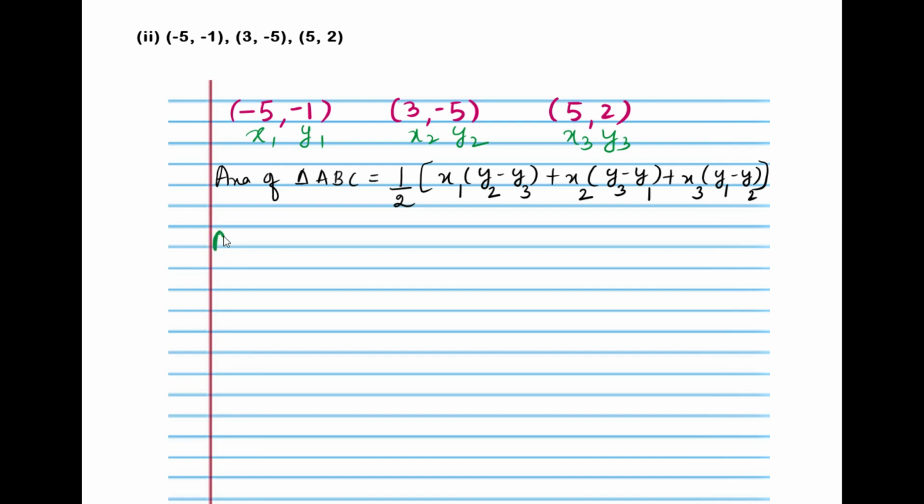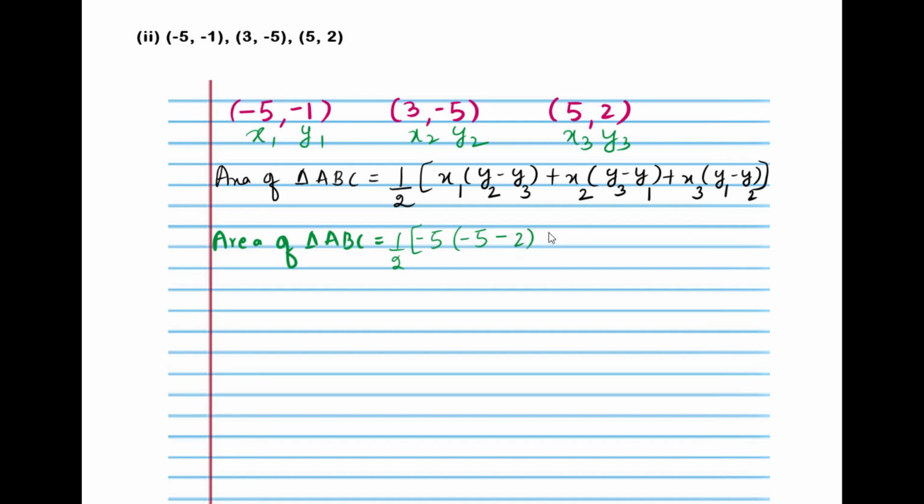Now area of triangle ABC equals, substitute the values, that is half into, what is x1? x1 is minus 5, then y2 is minus 5 minus y3 is 2.